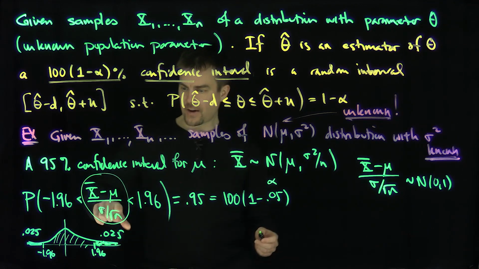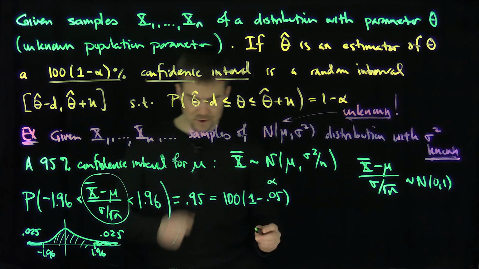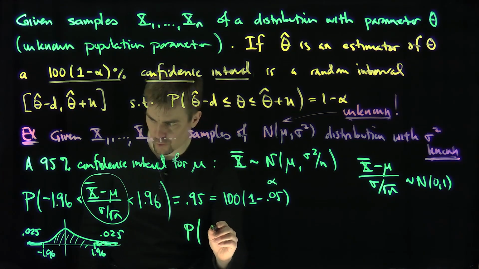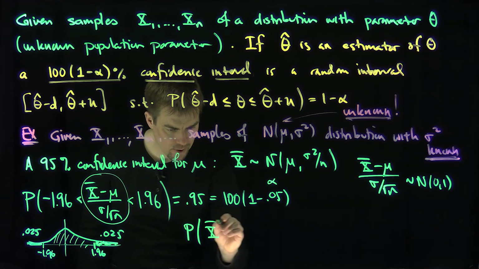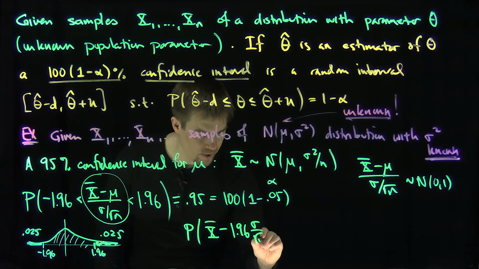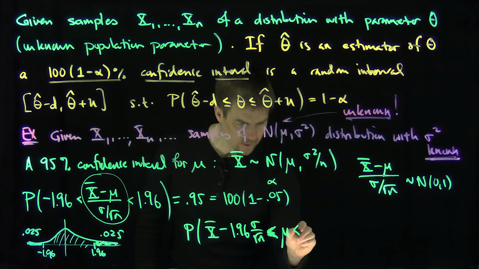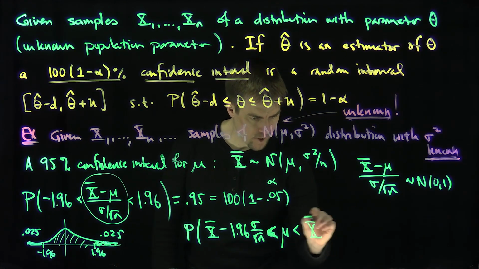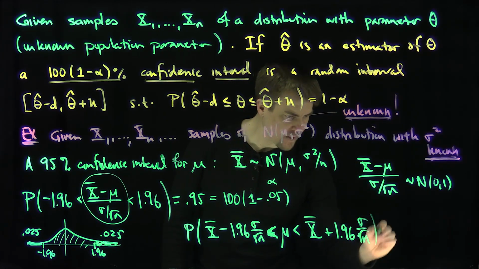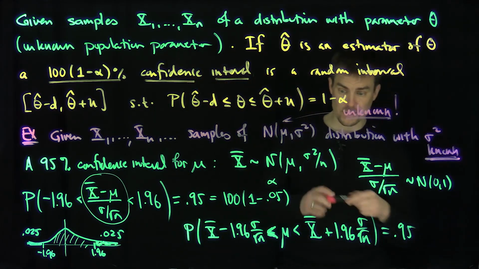If I multiply by sigma over root n on both sides and then solve for mu, we see that the probability that mu is between x bar minus 1.96 sigma over root n, less than mu, less than x bar plus 1.96 sigma over root n, is equal to 0.95. We have a 95% confidence interval. We can see this interval is random because it depends on these random variables.